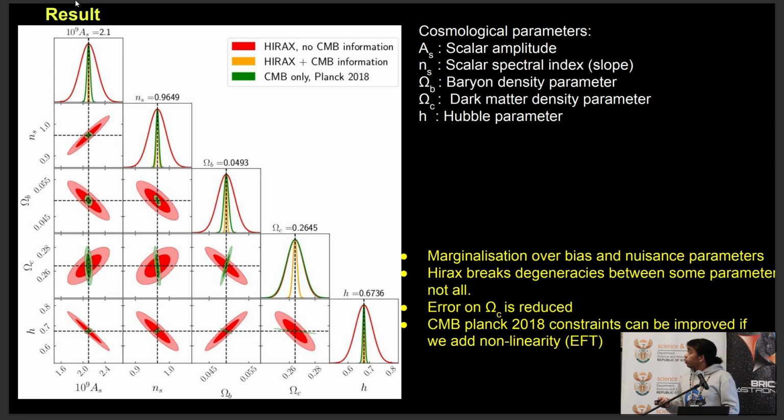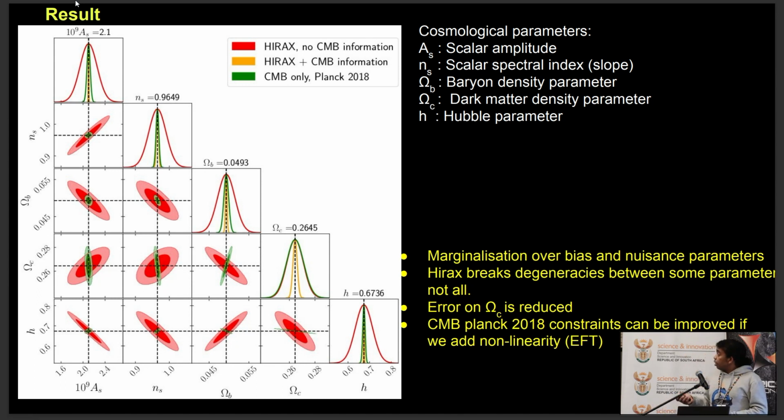We also noticed that the error on the density of cold dark matter is reduced. And when adding the EFT with the CMB information from Planck, we can get a tight constraint, which is good.